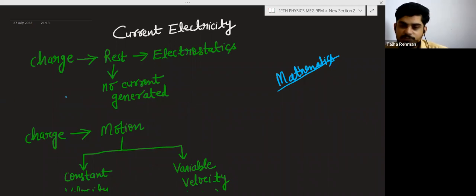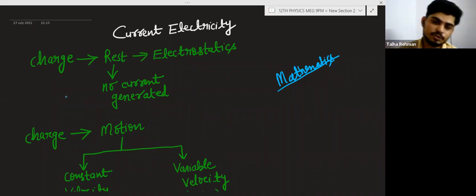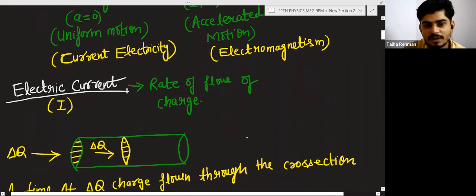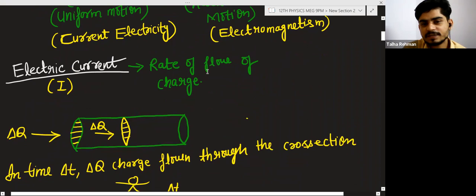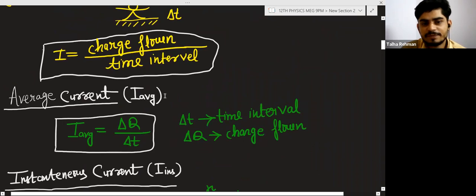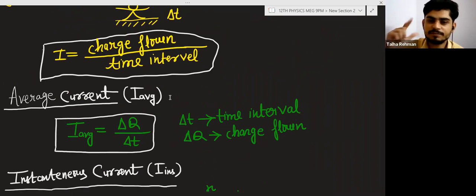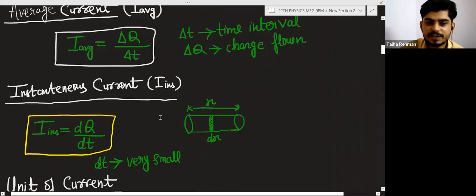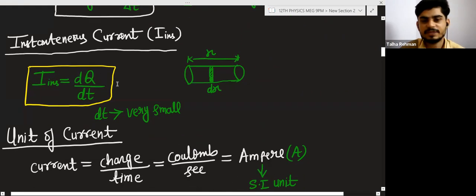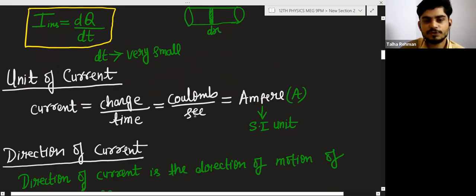When charge starts moving, then current is produced. Electric current is the rate of flow of charge. We calculated average current, for a particular period of time, and instantaneous current, for an instant of time. Here we have used the differentiation method, and the unit of current is ampere.